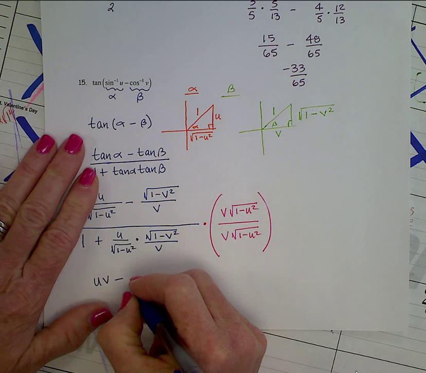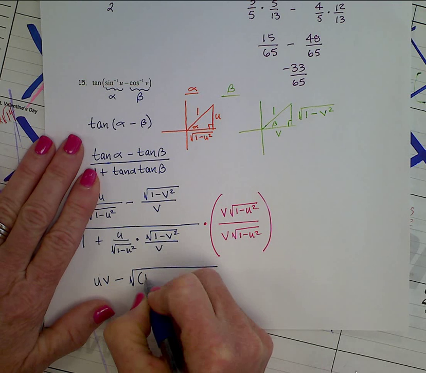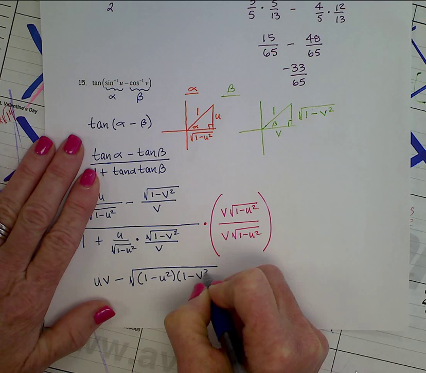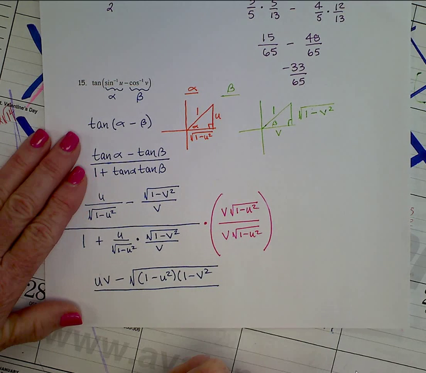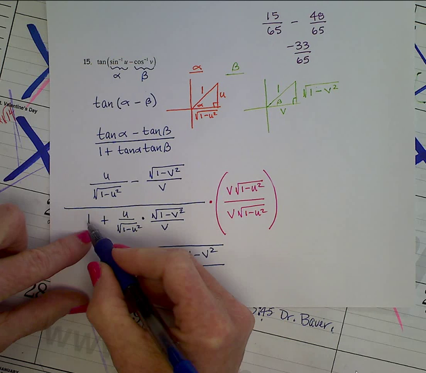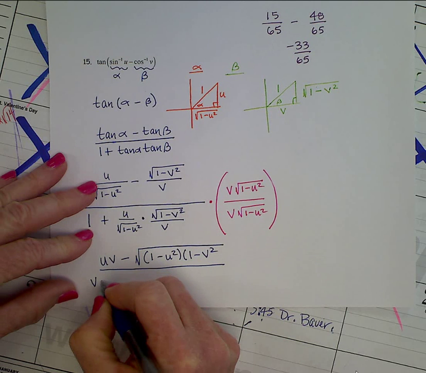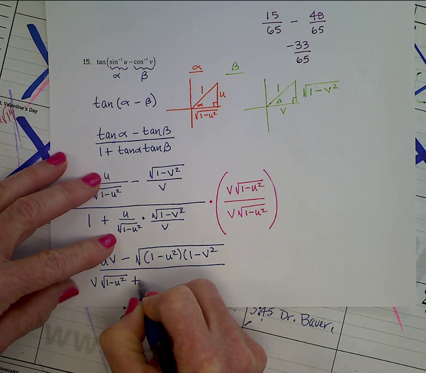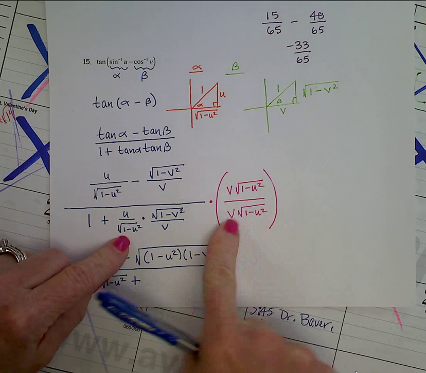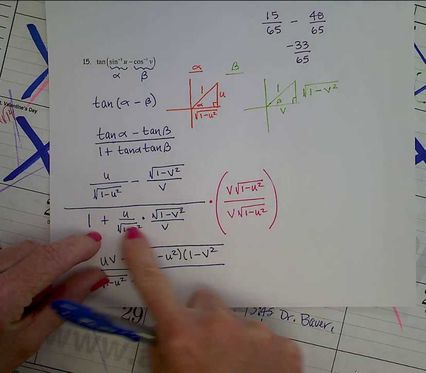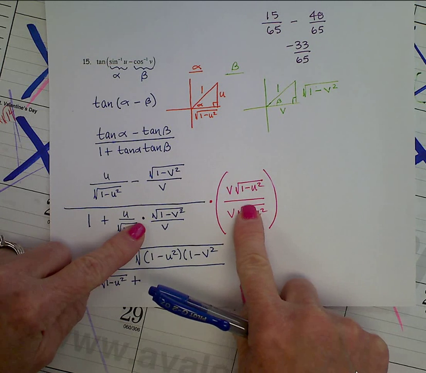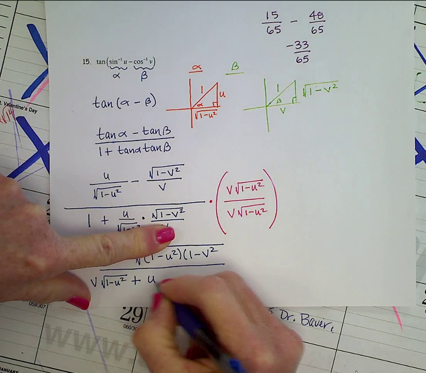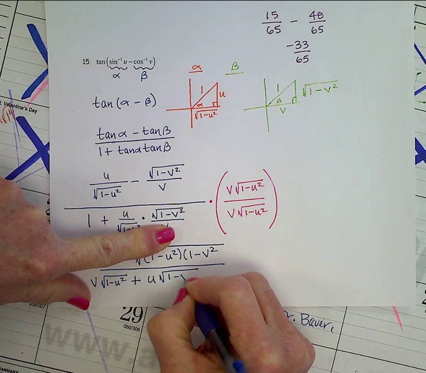You can put that underneath one big square root, 1 minus U squared times 1 minus V squared, all over this times that 1 is V square root 1 minus U squared plus, and when we multiply this times that fraction right there, the 1 minus U squareds go, the V's go, and we are just left with U times the square root of 1 minus V squared.